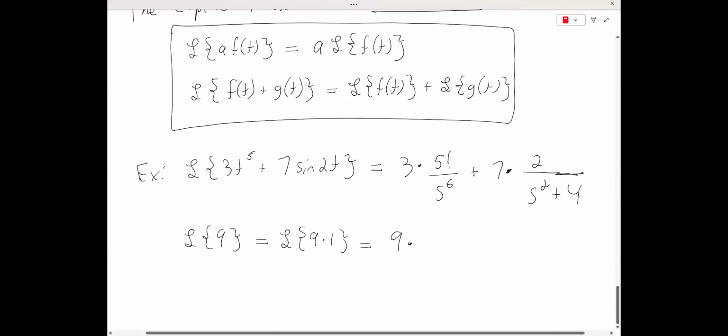What was the Laplace of 1? That was 1 over s. So the Laplace of 9 would be 9 over s. You don't have to write this every time, but if you want the Laplace of 9, it'd be 9 over s. Okay. Anything on that there?